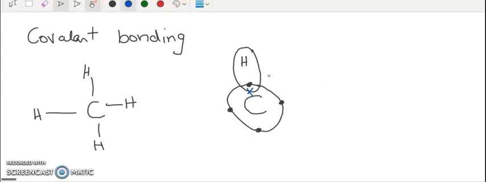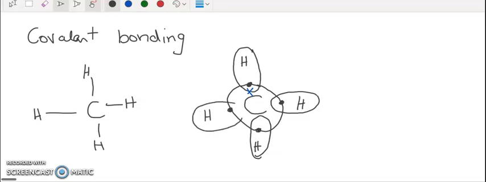Remember, we said two electrons are needed to complete its first shell. So hydrogen shares its one electron, which I've indicated in blue. And because carbon has these three electrons, it's going to attract three more hydrogens. And I'll draw hydrogen's electron in a minute.